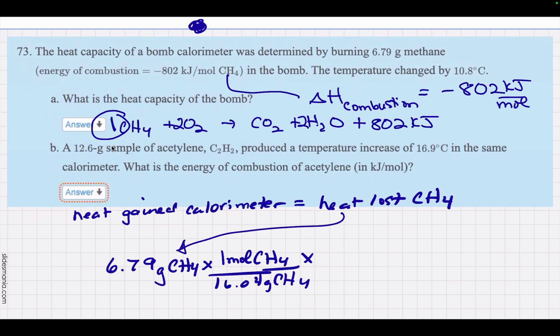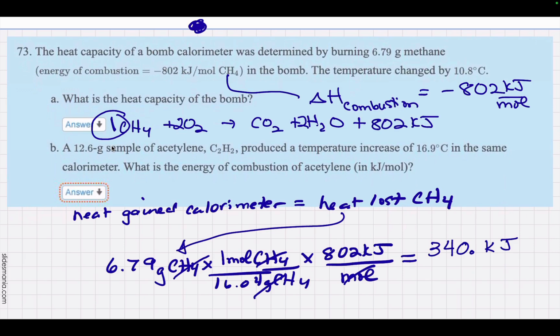So in our question, though, we don't have 1 mole, we have 6.79 grams. So I'm going to keep everything positive and think about my sign at the end. In this case, I know that if I burn 6.79 grams of methane, I'm going to have 340 kilojoules of energy that is released.